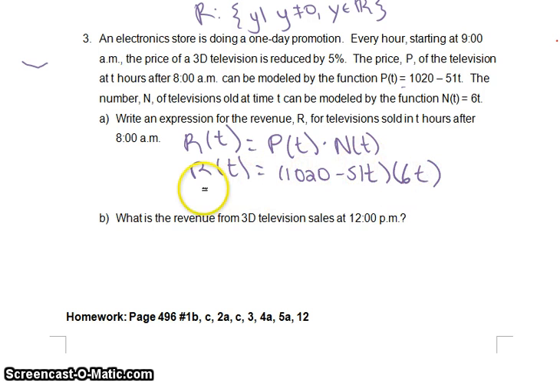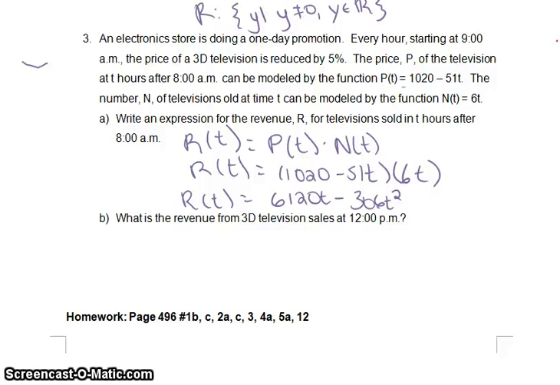Then we can distribute there, so R(T) is equal to 1020 times 6, so that would be 6,120T, subtract 51 times 6 is 306, T times T is T squared. So this here is our expression for revenue R for televisions sold in T hours after 8 a.m.